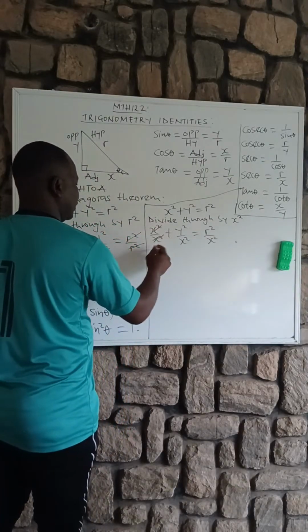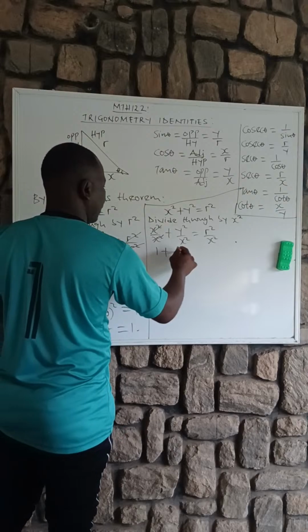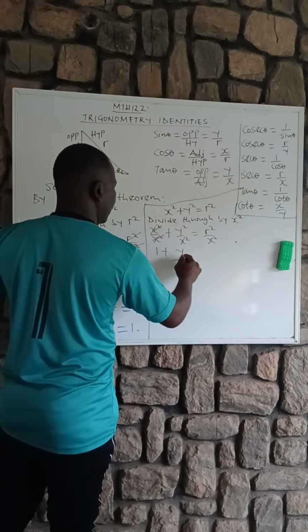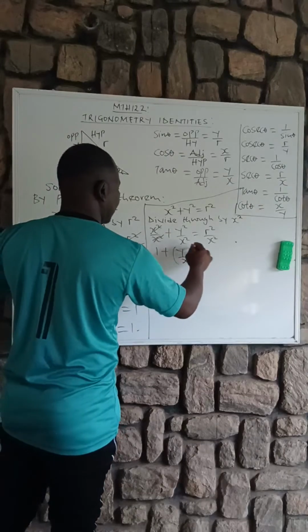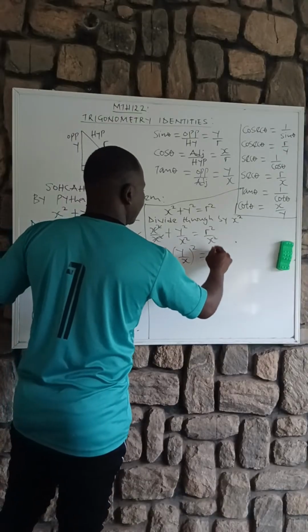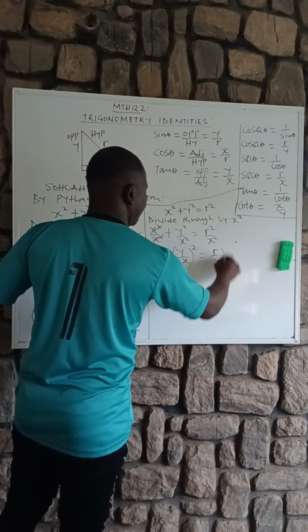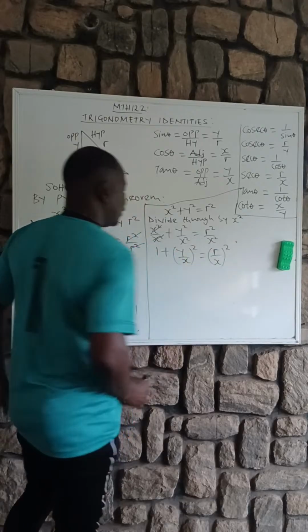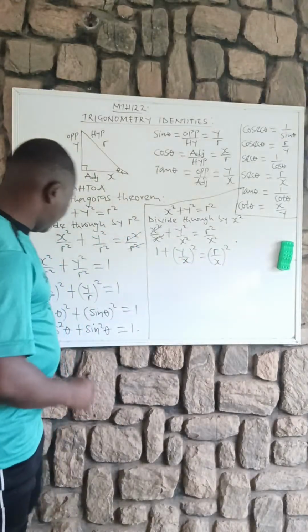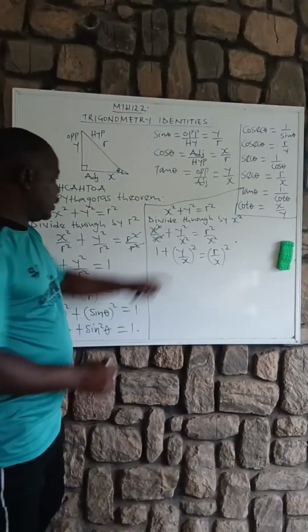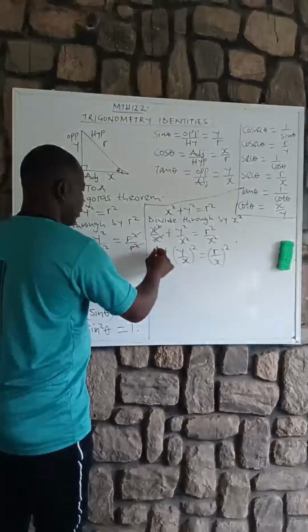Then this is the same thing as 1 plus (y over x) all squared equals (r over x) all squared. If you understand this one, I don't think it will be a problem.